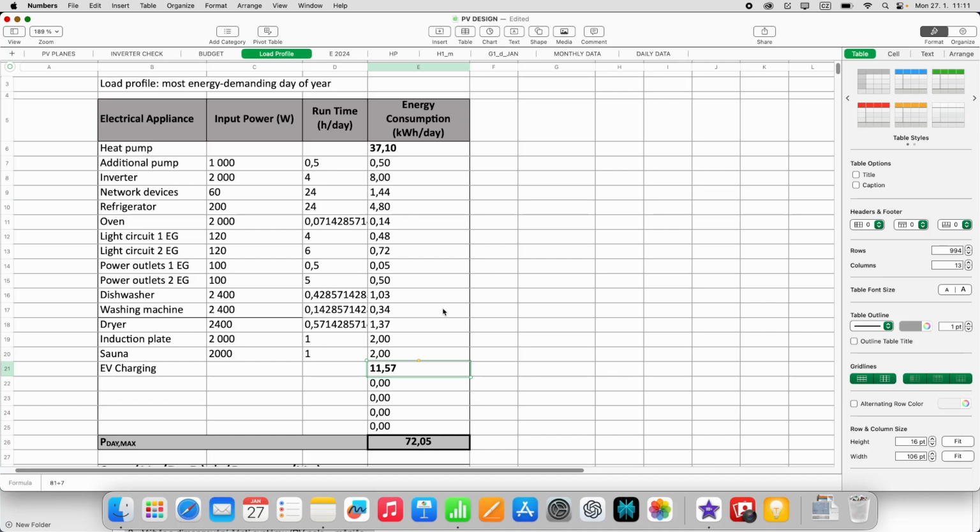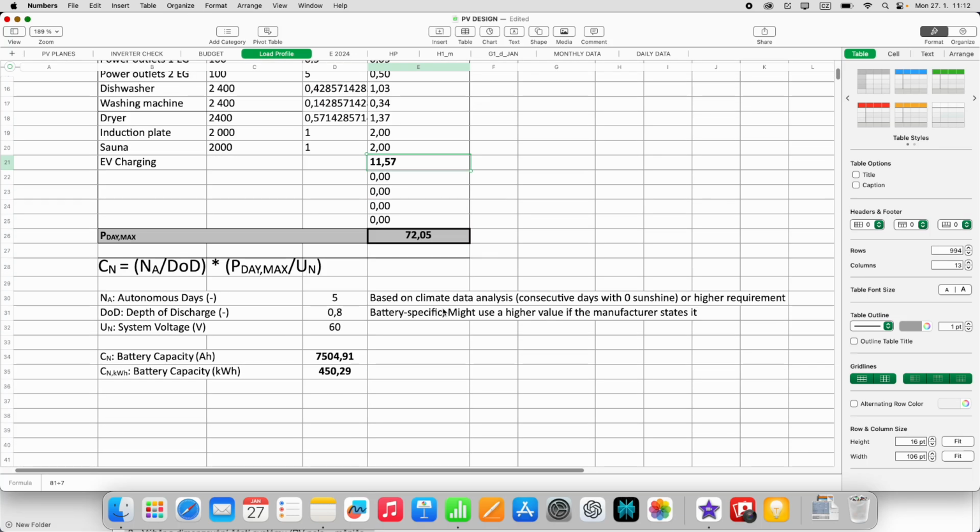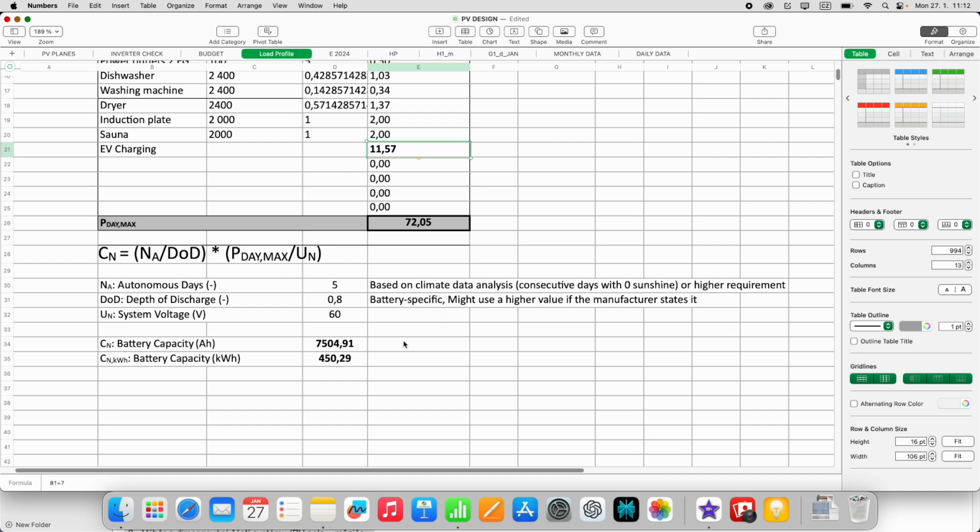And so how do we design the battery capacity for the autonomous operation? Now, there's a formula that takes into account the number of autonomous days, and this could either be the requirement of the investor, or it could be based on climate data analysis.